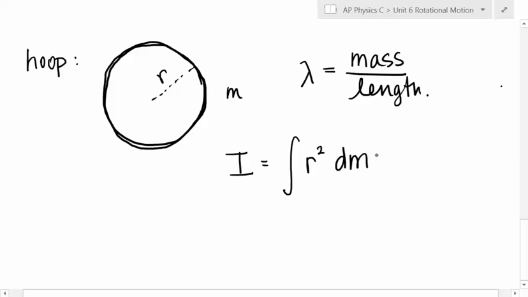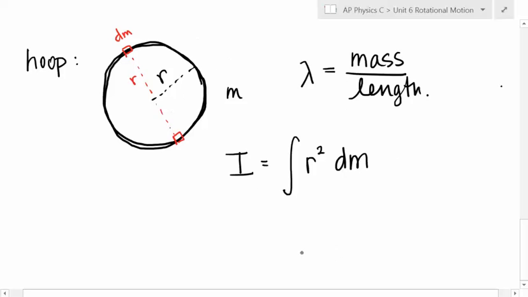Now dm is a little bitty bit of mass anywhere, so there's a little dm, and it's at a distance r from the center. Here's an identical little piece of dm. Because the linear mass density is the same, could you take a chunk of the hoop at any point, and as long as it's got the same arc length, you would have the same mass? Because the linear mass density is the same. Okay, so I need to define dm in terms of the circle.